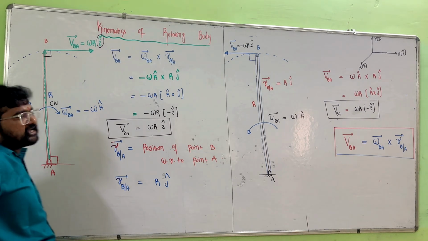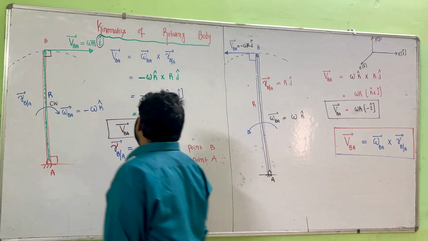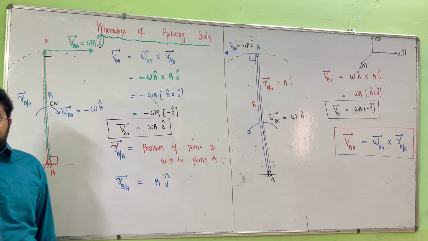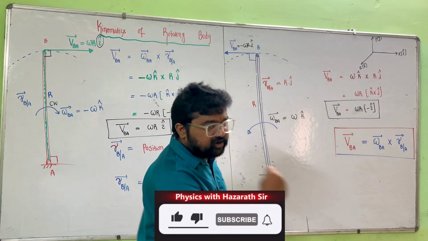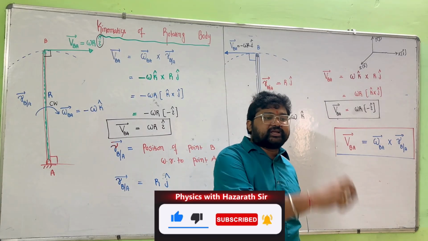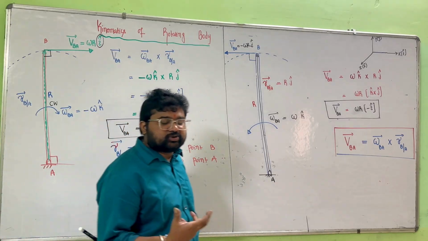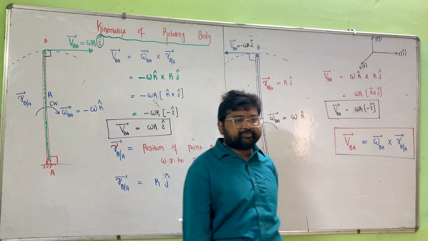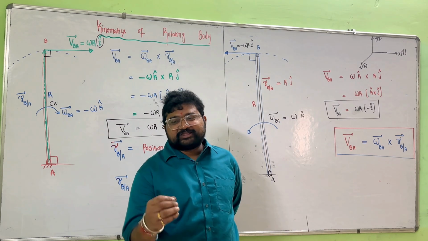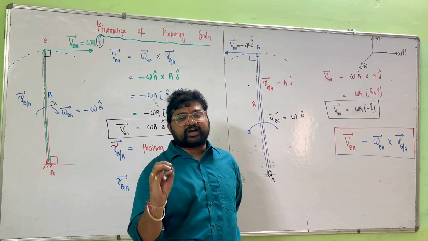Now coming to the acceleration analysis. This is velocity analysis in plane motion. Now we need to introduce acceleration. When the body is rotating, how many accelerations are associated with the rotating body? Tell me.